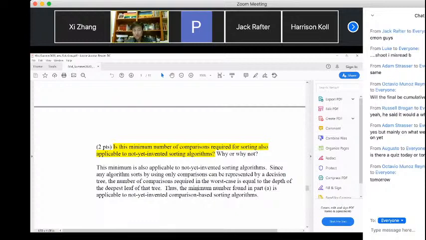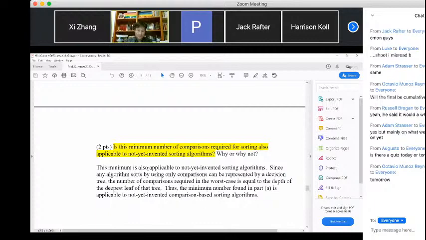There is no way to put leaf nodes anywhere else, so that is the lower bound. Because of that, the lower bound is also applicable to any kind of comparison-based sorting algorithm. So the answer is yes, and the reason is given here.